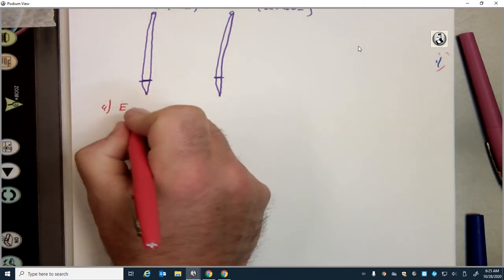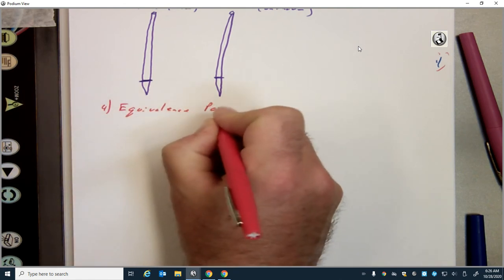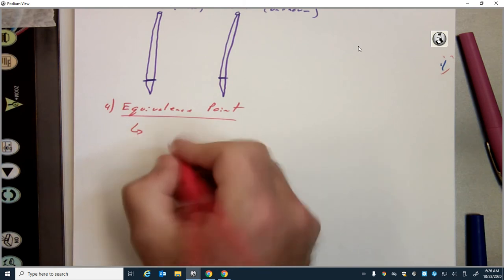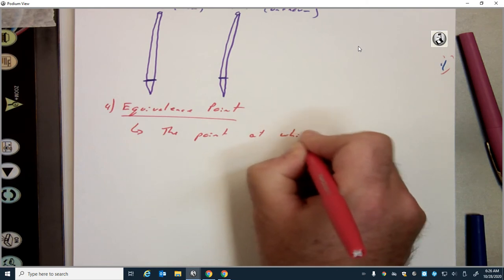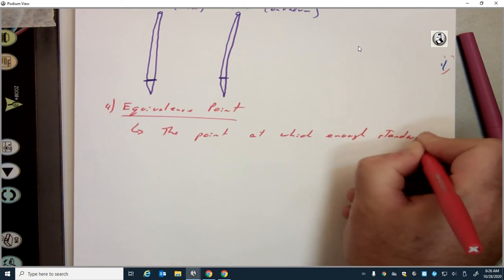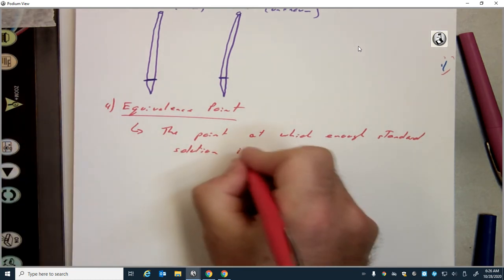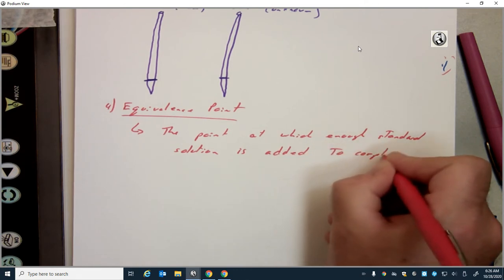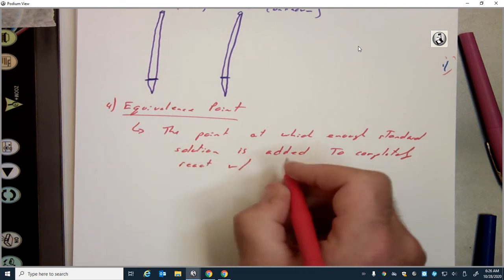Let's talk about the equivalence point. The equivalence point is the point at which enough standard solution is added to completely react with the unknown solute.